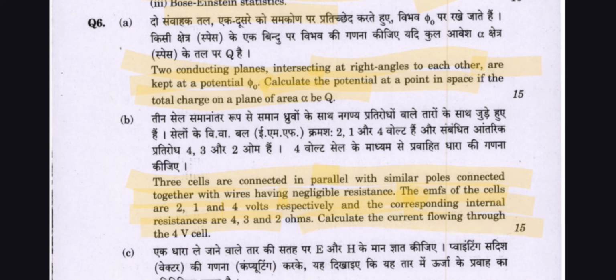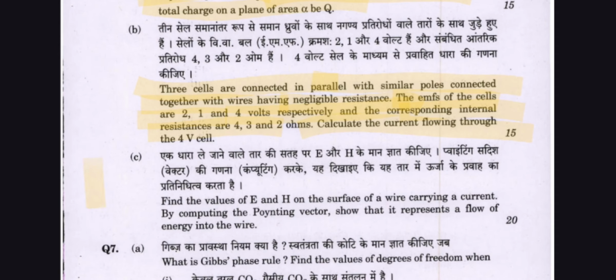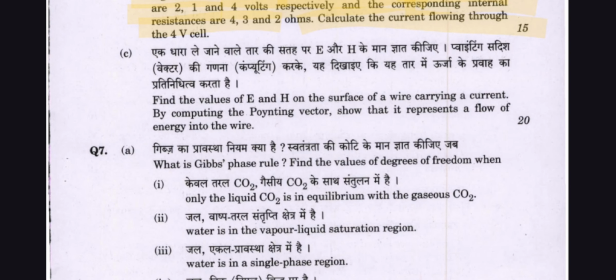Calculate the current flowing through the 4 volt cell. Question number C. Find the value of E and H on the surface of a wire carrying a current by computing the Poynting vector, so that it represents a flow of energy into the wire.